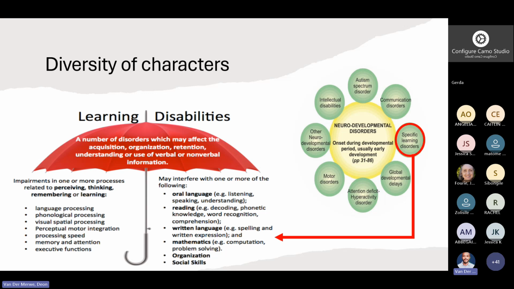And when we talk about learning disabilities, it's important to keep in mind that they can look different from one person to another. And Dr. Fourie alluded to that because there are different models that give definition to how people have come to understand what learning disabilities is.